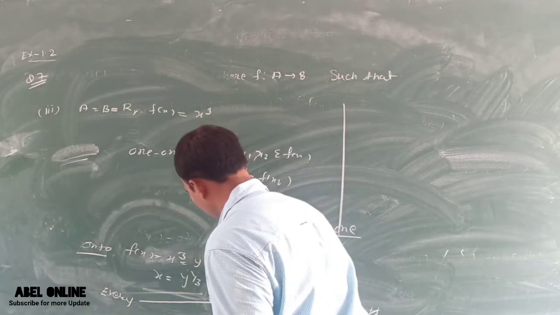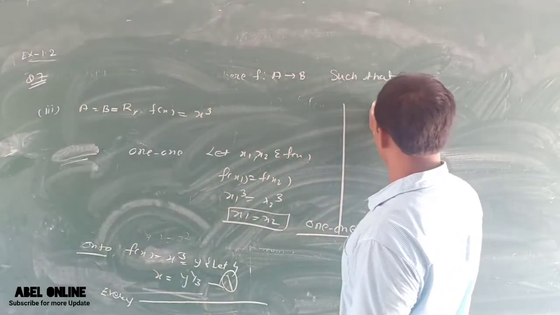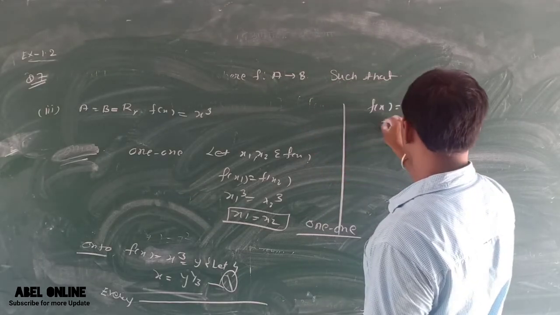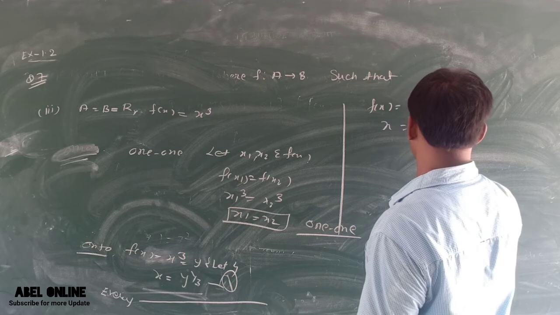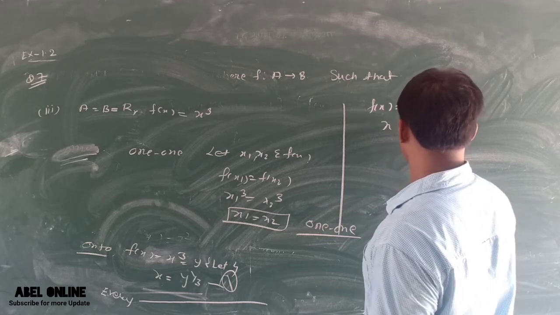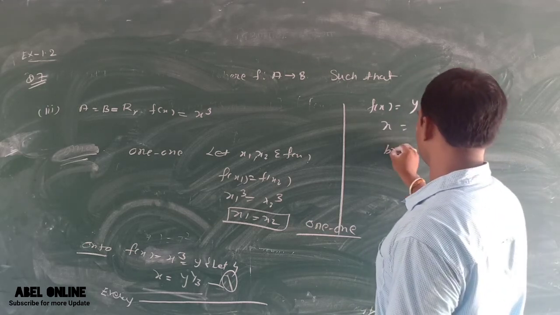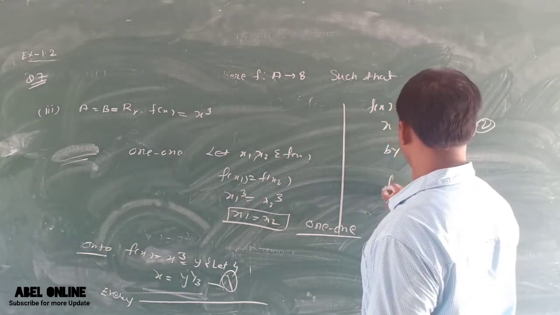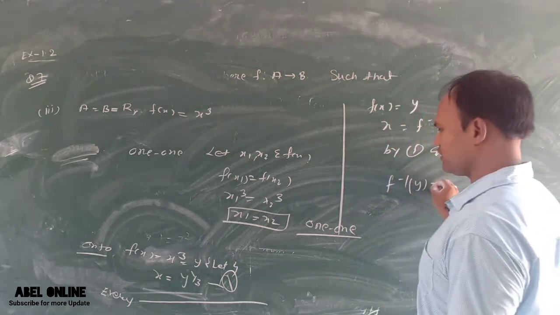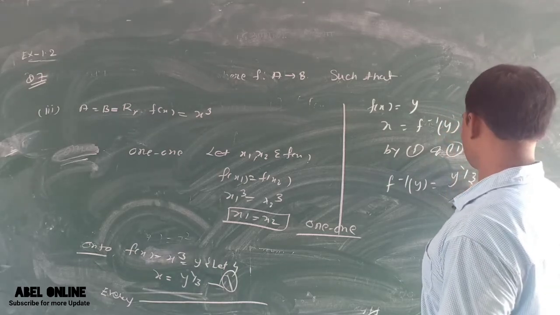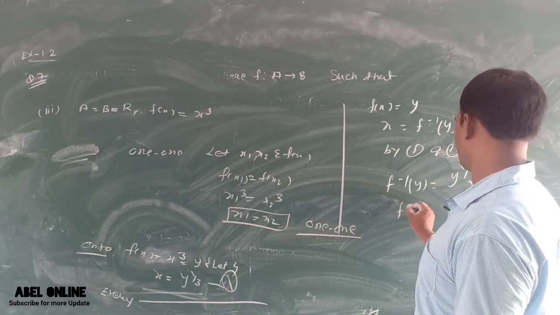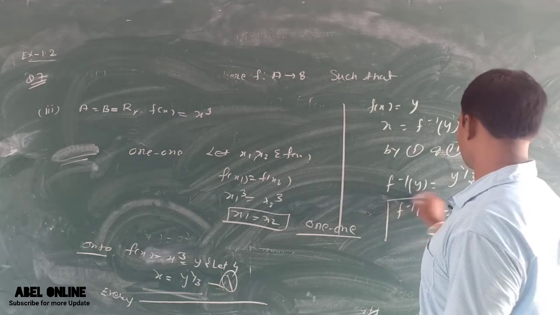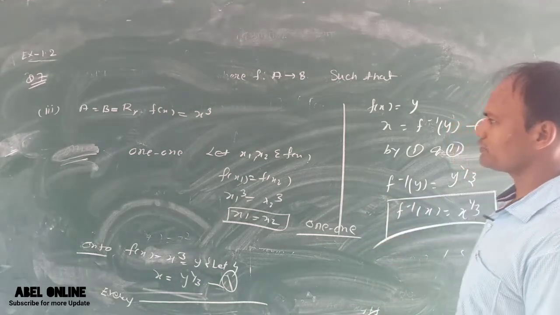This is equation number 1. Second, f(x) equals y, then x equals f inverse of y. This is equation number 2. By first and second, f inverse of y equals y to the power 1 by 3. So f inverse of x equals x to the power 1 by 3. So students, this is the inverse for this question.